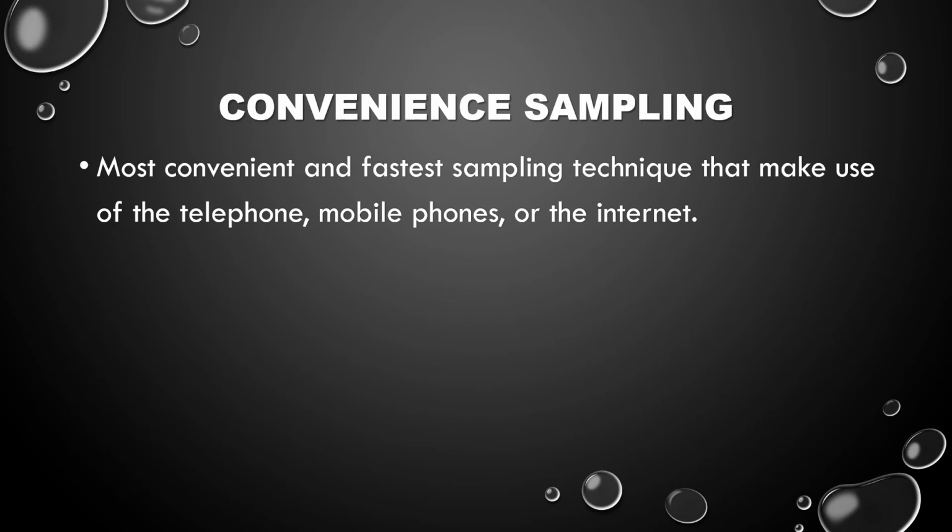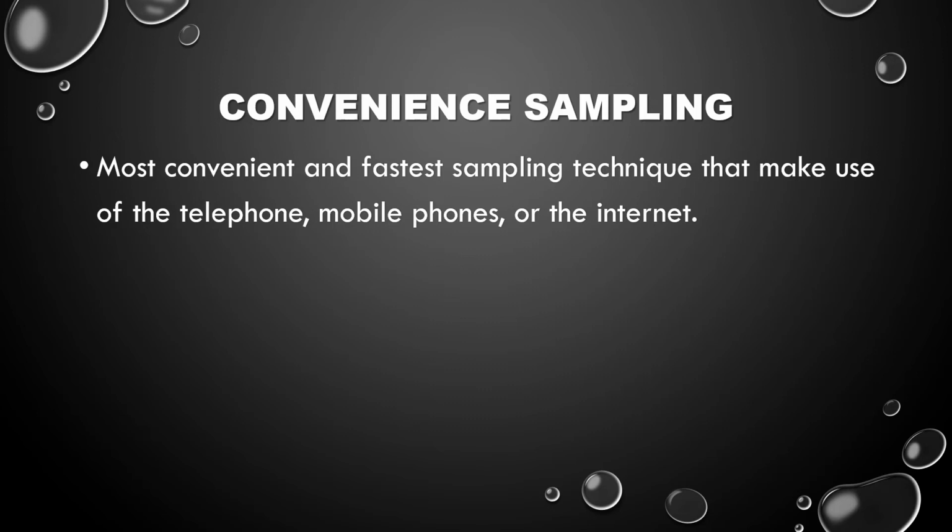So more likely, you are, as a researcher, most convenient and most comfortable with in gathering the data. Since we are into computer or internet nowadays, we are most likely generating our information from the social media.